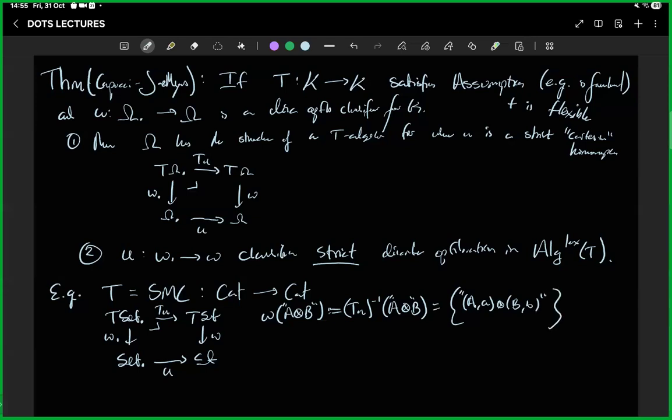I.e., it is the set of all A in A, B in B, or A times B. So Set is a symmetric monoidal category with times.